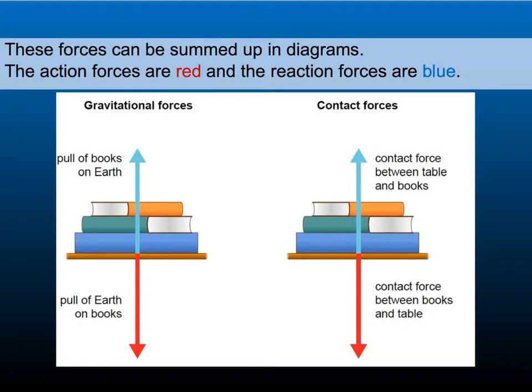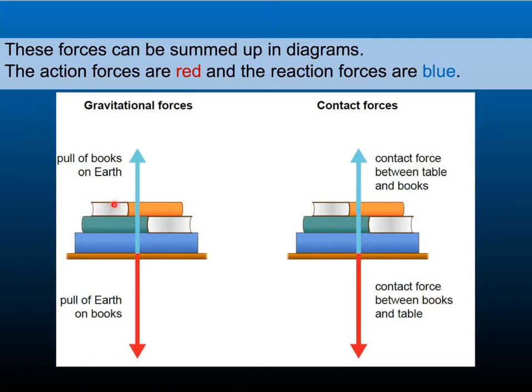Sometimes there can be more than one pair of forces acting on an object. If we take these books resting on a table, for example, the first pair of forces that is acting is the gravitational forces. You have the Earth, or the Earth's gravity, which is trying to pull the books down.